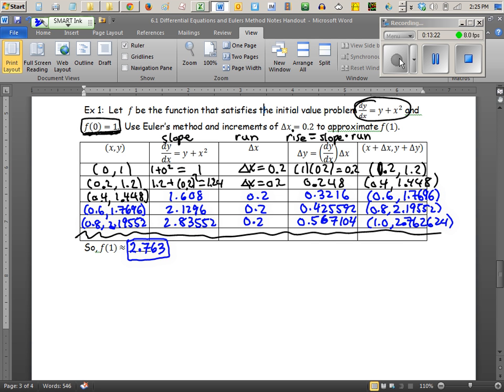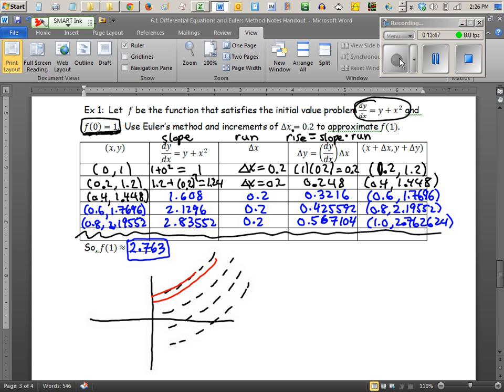Okay, so what just happened? What have we accomplished with this task? Well, there was this differential equation, and I imagine it formed some kind of slope field. I don't know exactly, let's just say it looks something like this. In this slope field, there are many curves that would fit, ones that fit all through this slope field.